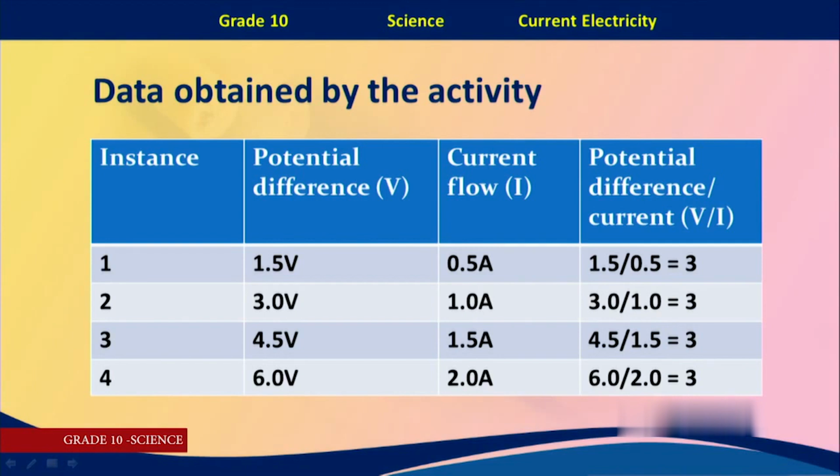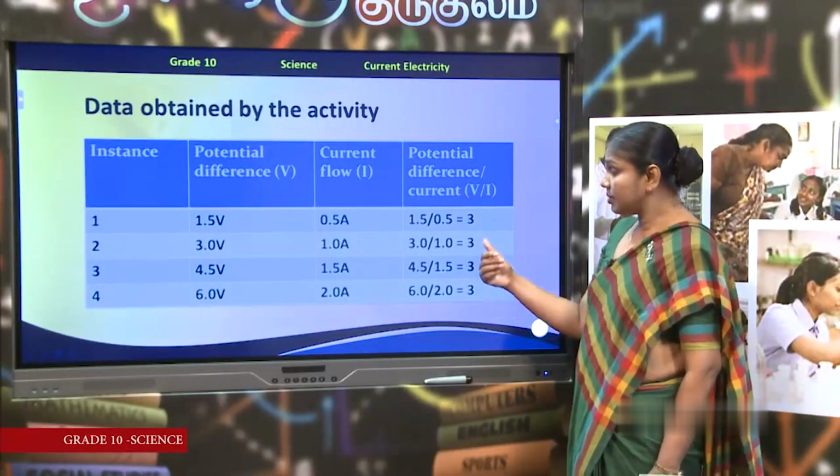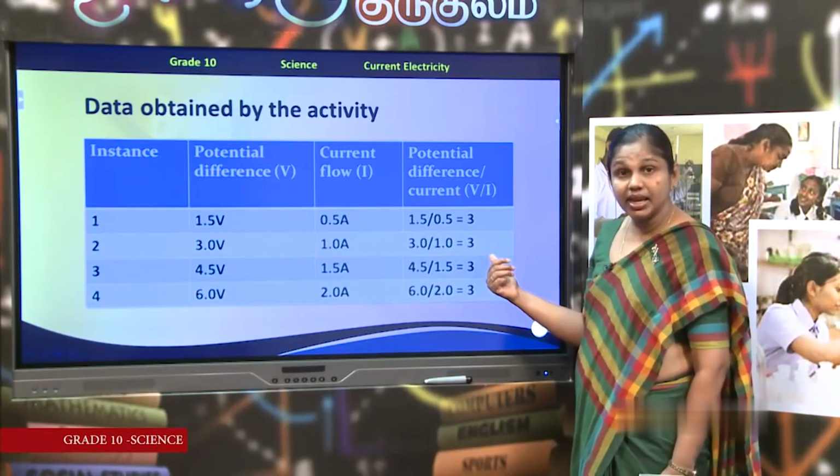In the second case too, when we divide the potential difference by the current flow, potential difference 3 volts and the current flow 1 ampere, when we divide 3 by 1, we get 3. And again in the third case, we get 3. In all the cases, the answer is 3.